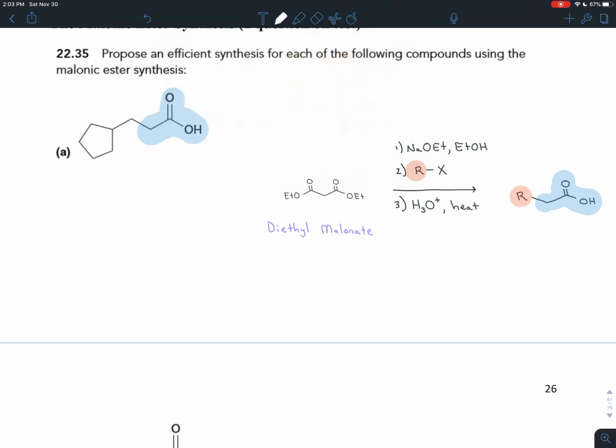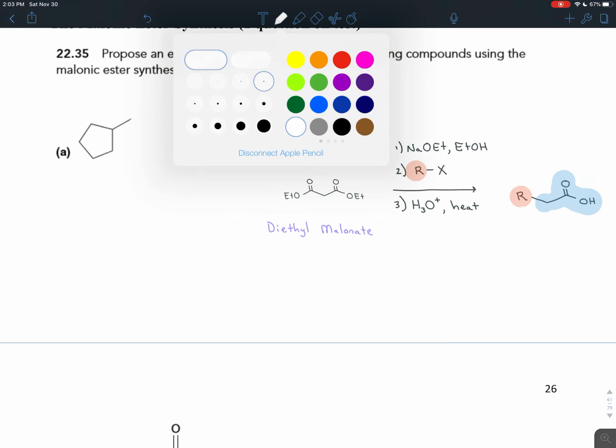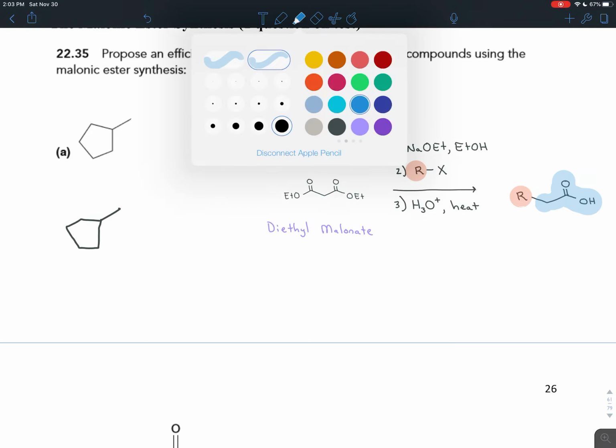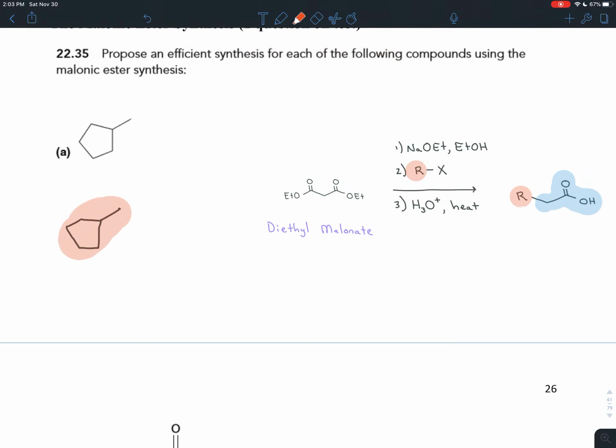Here I'm going to draw over them in white. So we erase those groups. So what we have left is this 5-membered ring with a methyl group coming off of it. That's our R group.